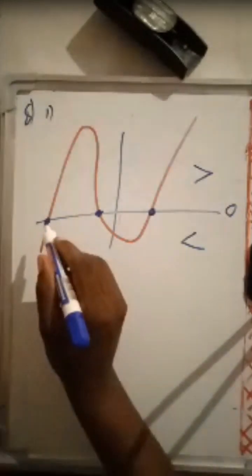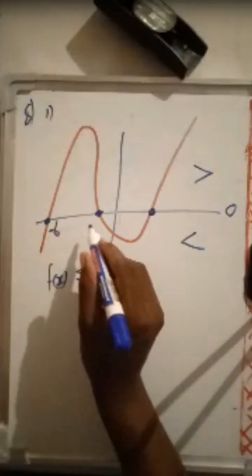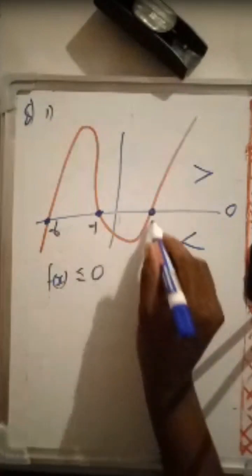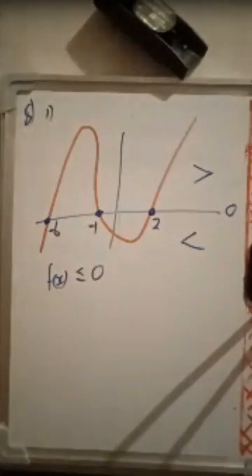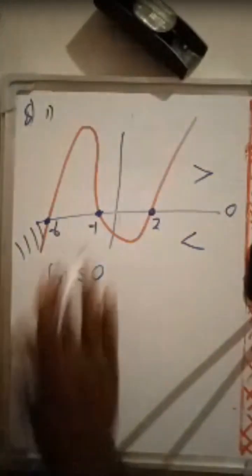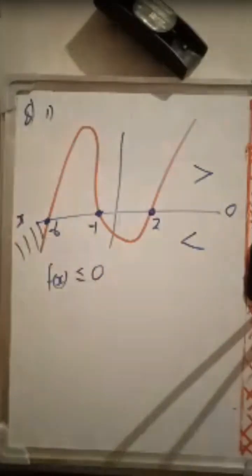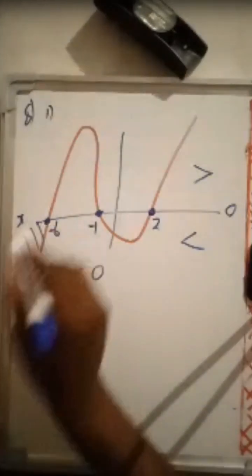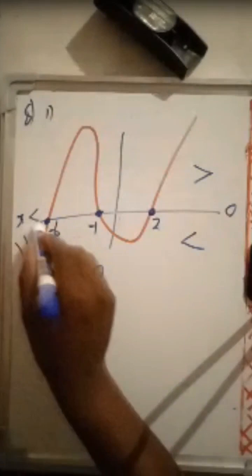This was -1. This was 2. Okay, so we see that this part is less. And how do we determine that part? Our x value is here. Then we have to indicate like that. So the first part is x is less than -6.